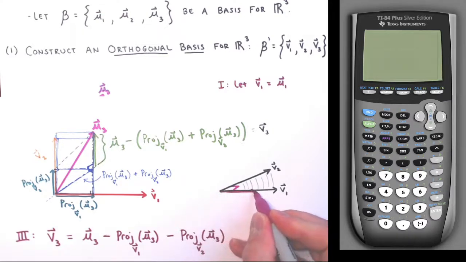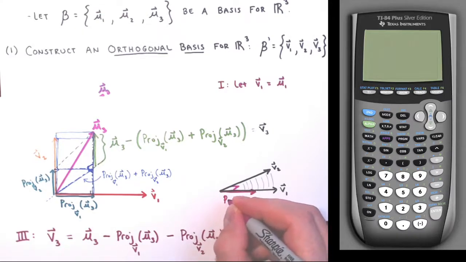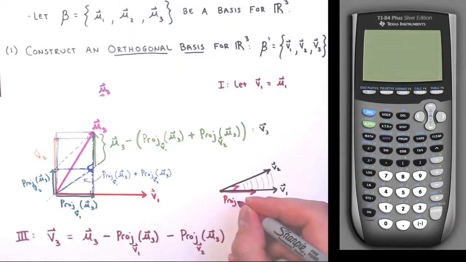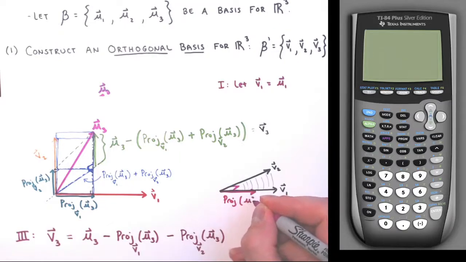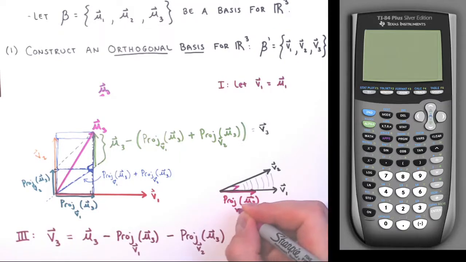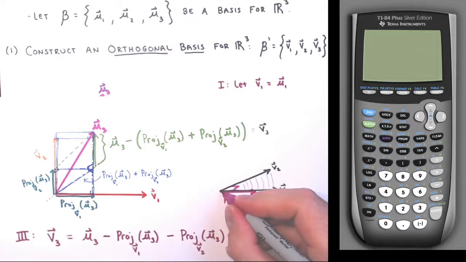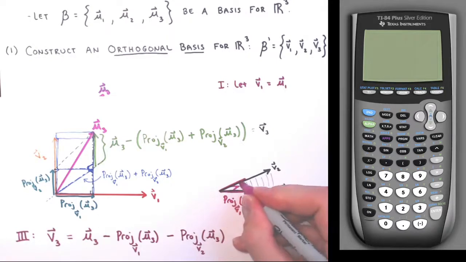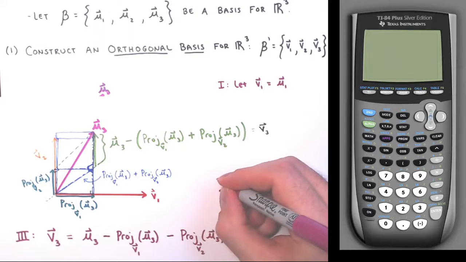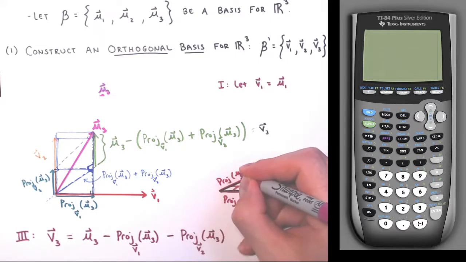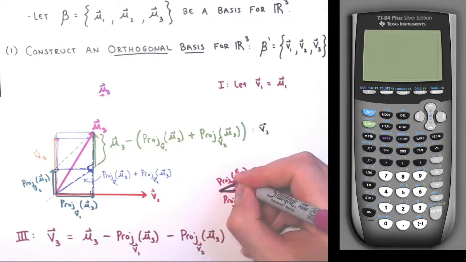So let's say this vector is the projection of u3 onto v1, and say this vector here is the projection of u3 onto v2. That's really cluttered.